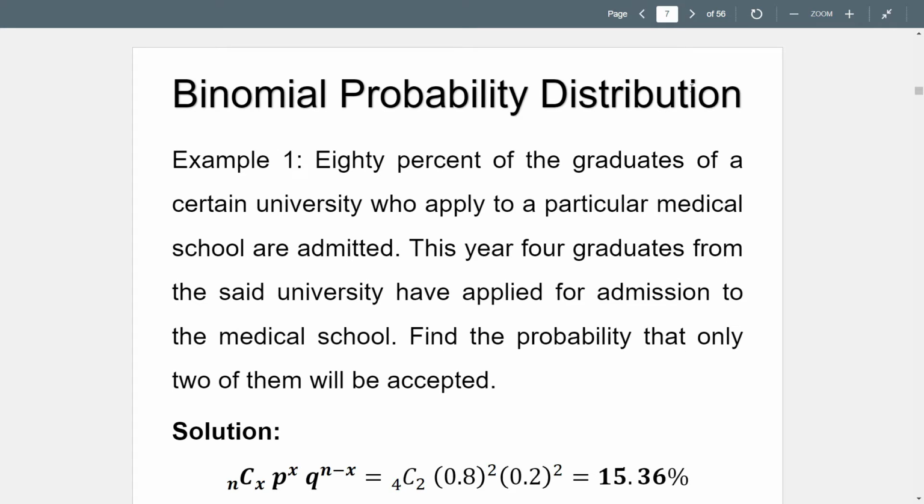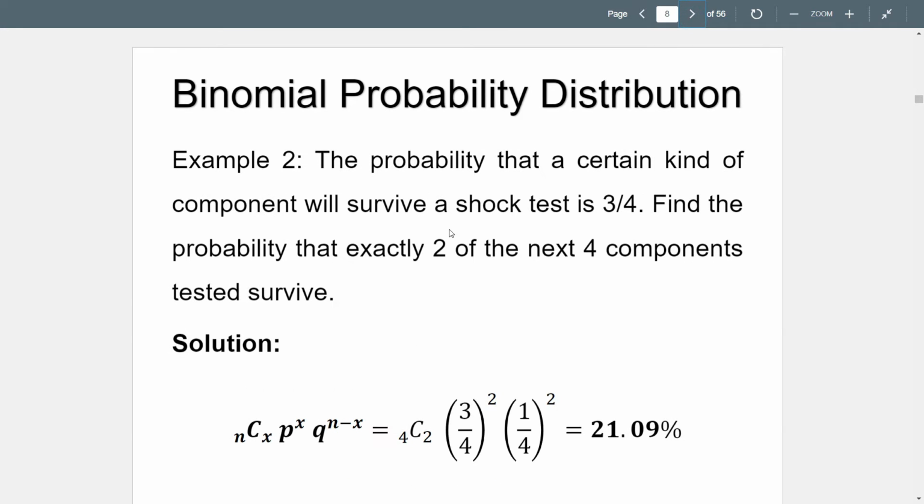Moving forward, in example number 2, the probability that a certain kind of component will survive a shock test is 3/4. That is the probability of success that the component will survive. The probability of failure, that it will not survive, is 1 minus 3/4, which gives us 1/4.